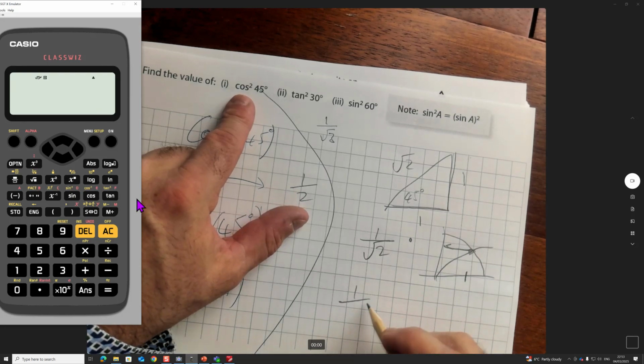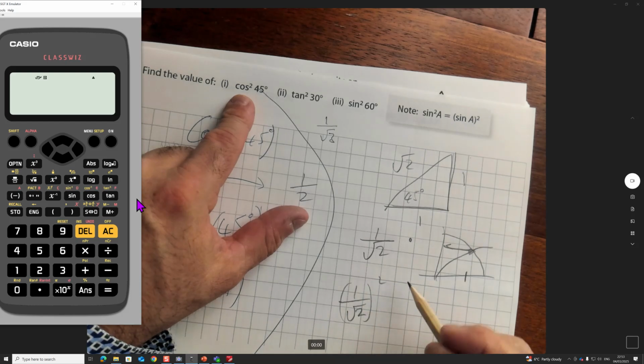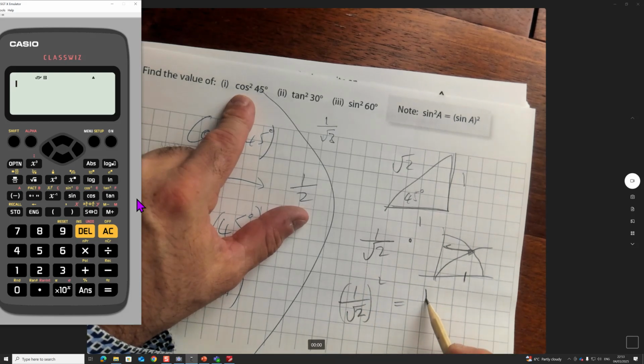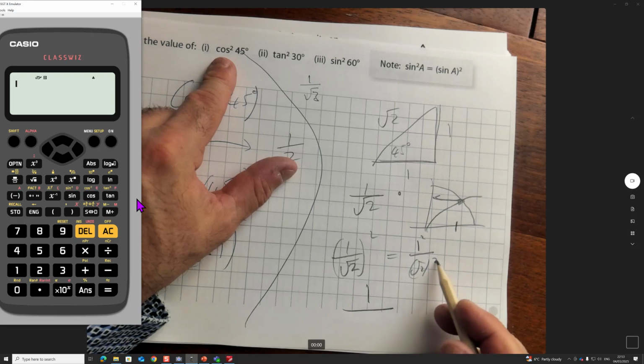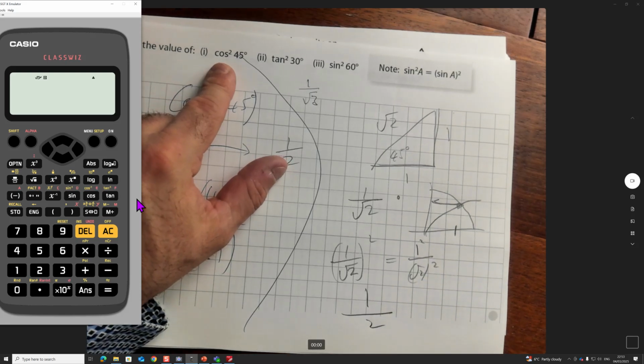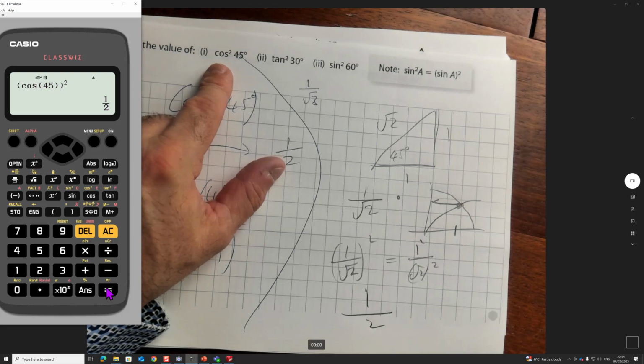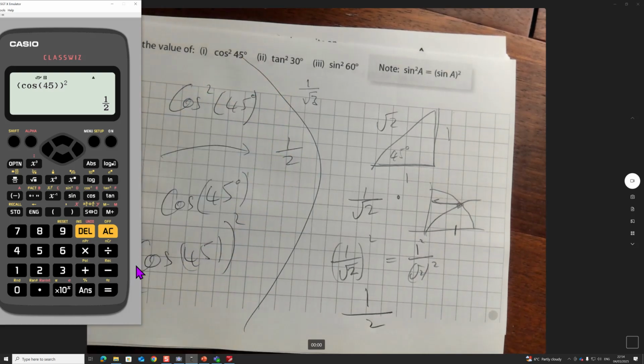If I'm squaring that, I'm squaring the top, 1 squared, and the bottom, root 2 squared. Your 1 squared is 1, and root 2 squared, a root and a square cancel each other out, and you have 2. Of course, you could just go bog standard and write the cos of 45 properly, close and square, and you get that, but you're not really learning anything then.